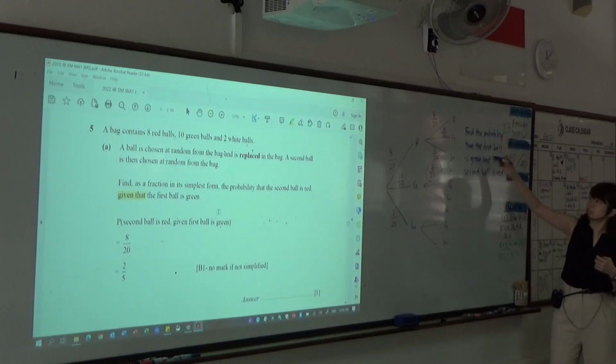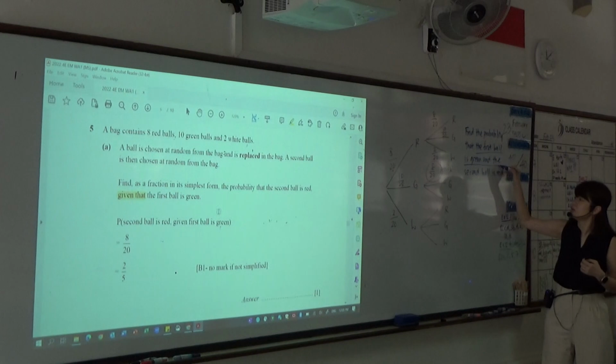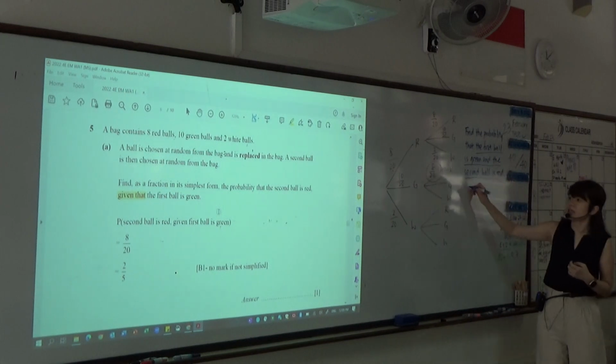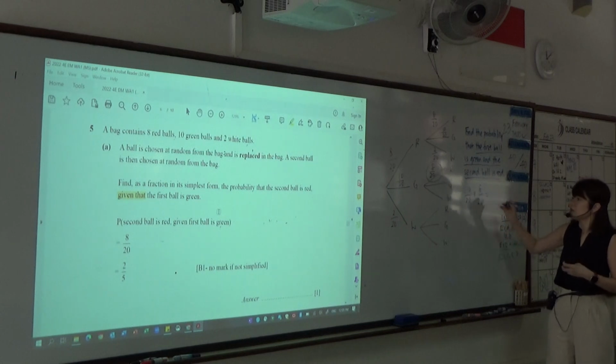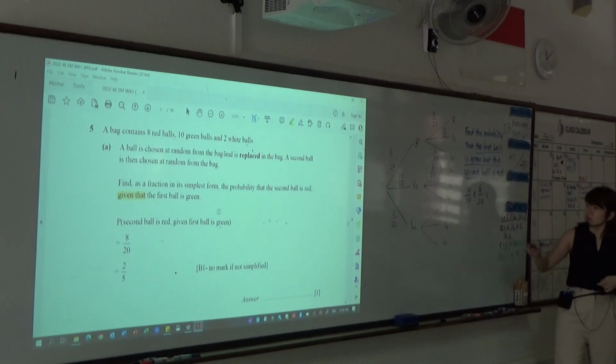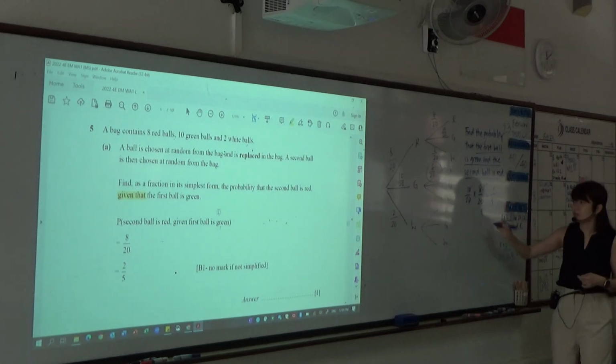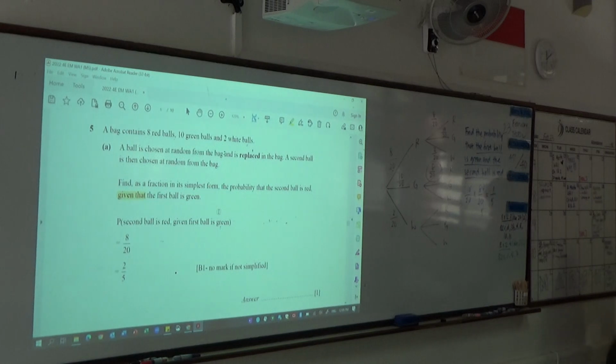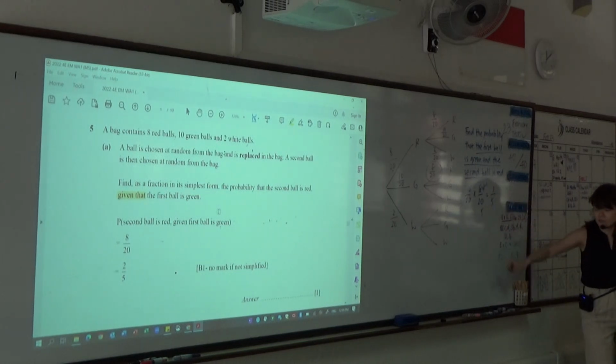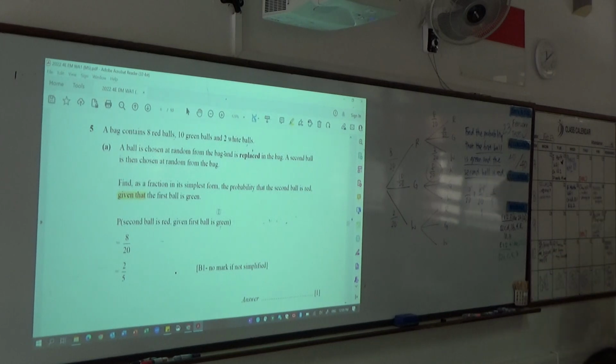In this phrasing, we take 10 over 20 times 8 over 20, and then we will have 1 over 5 as the answer. So do take note of the phrasing itself. There are differences.